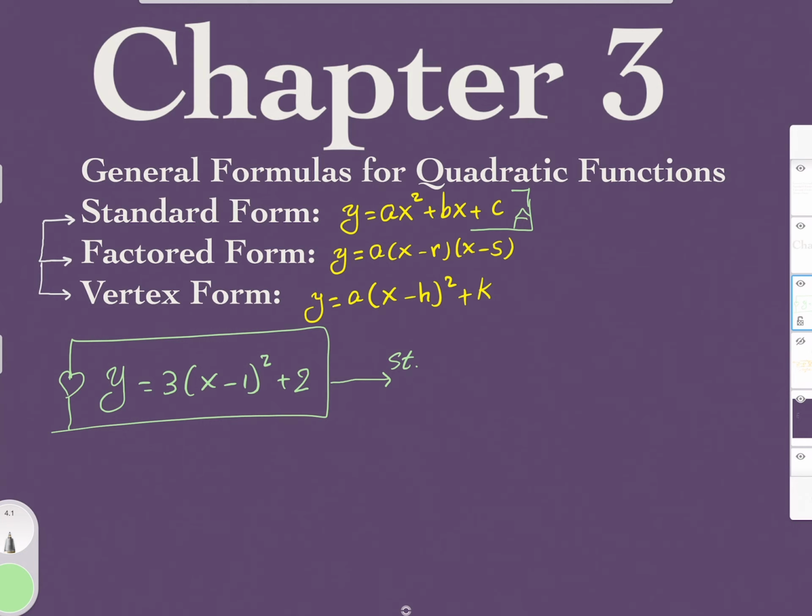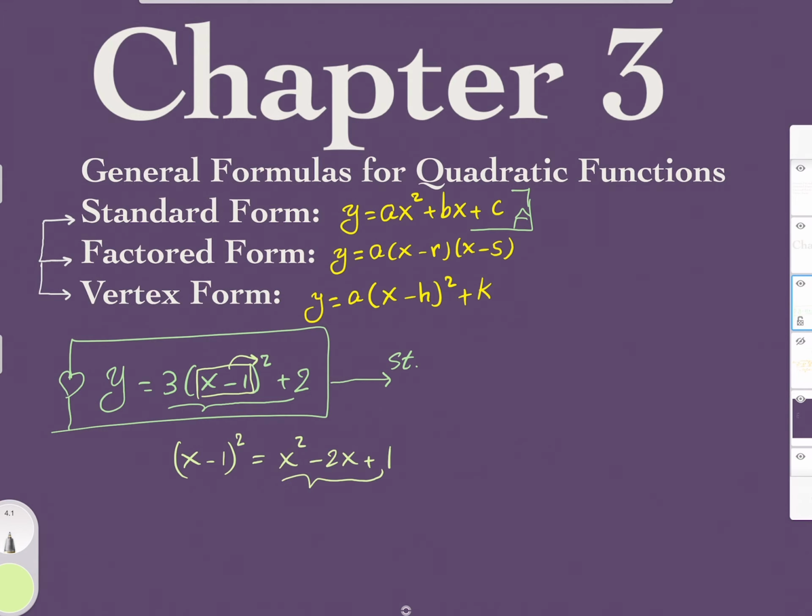In order to make it a standard form, we need to simplify this. There is a parenthesis, and inside the parenthesis is x minus 1. We cannot do anything, so we're going to apply the square. So (x minus 1) squared will be x squared minus 2x plus 1.